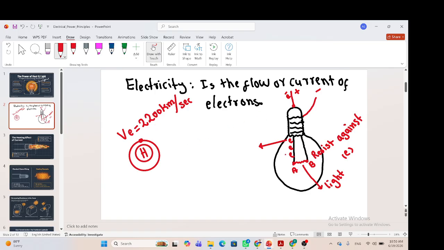Now see that if millions of electrons are moving with this speed, and they suddenly face a very strong resistance, one that doesn't let electrons move easily from A to B, they face a lot of accidents and collide here. When electrons collide at this point, they produce heat.